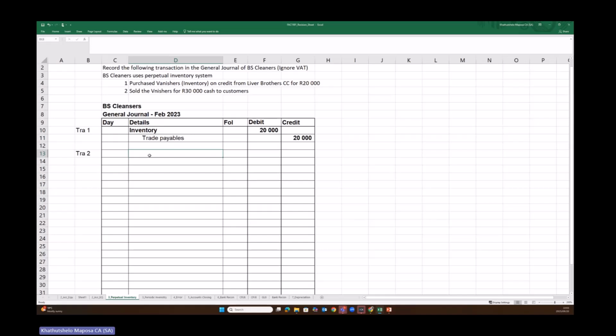Okay, so that means that now that we are selling to our customers, we're going to debit bank with 30,000 because we sold for cash. And then we're going to credit sales. We made a sale and we sold it for cash. The cost of sales, I think that one comes after as a debit. And then we're going to credit inventory because we just sold it.